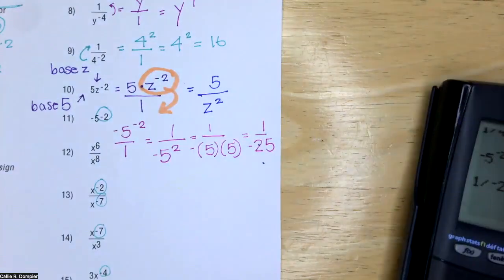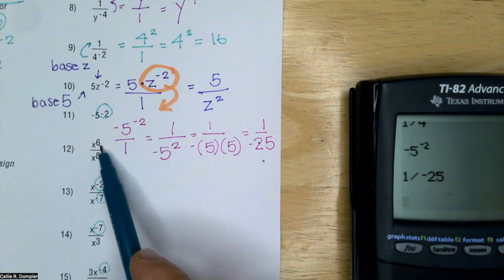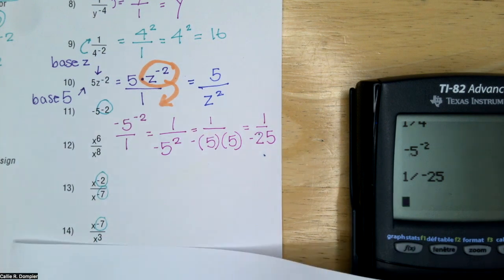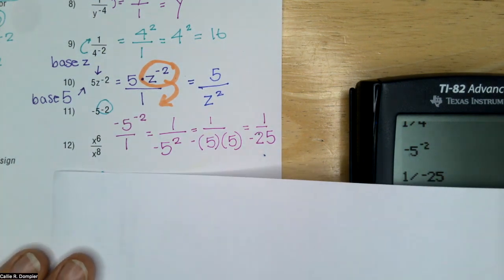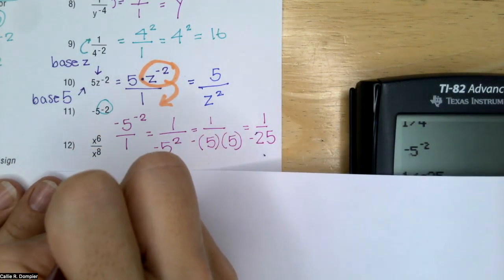Same answer. Good. All right, here we have x to the power of 6 divided by x to the power of 8. I've used up a lot of space. I will solve this one over here. X to the 6th over x to the 8th.